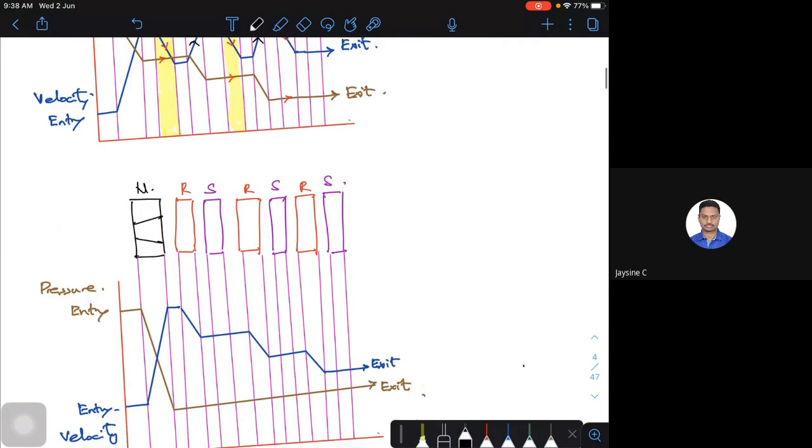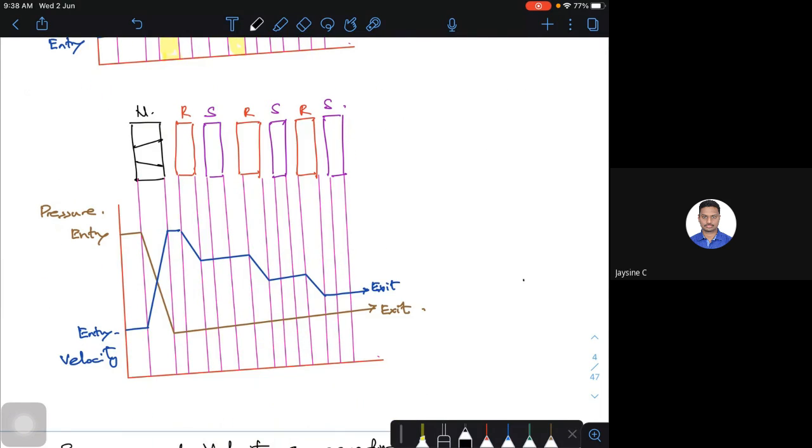Okay, now we'll come to the second sketch, that is velocity compounding. I have put a similar kind of sketch here. So let us try to look into this velocity compounding. I have a set of nozzle, rotor, stator, rotor, stator, rotor, stator. Now look at this pressure.